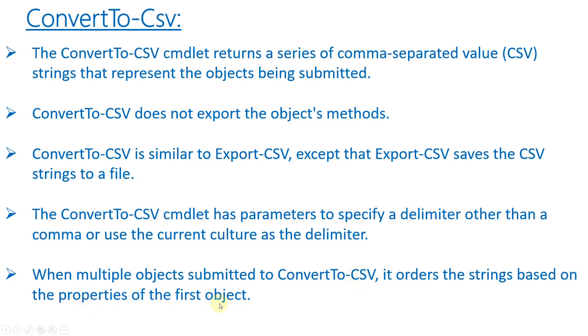If any of the remaining objects are missing some of the properties, then those property values will be set to null in the converted CSV. And if any object has more properties, then the extra property values will be skipped from the CSV. So this is how we can use the ConvertTo-CSV commandlet for converting any object to CSV.